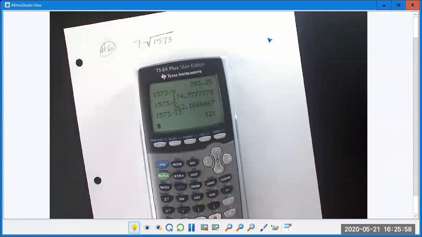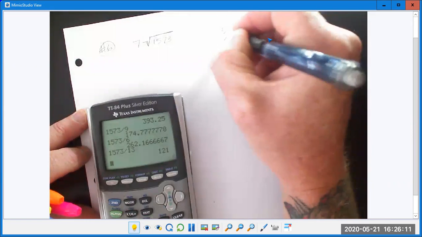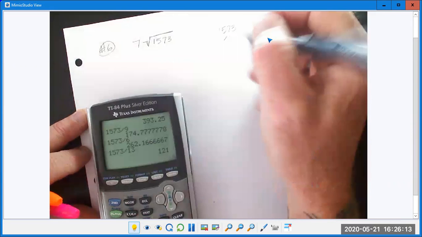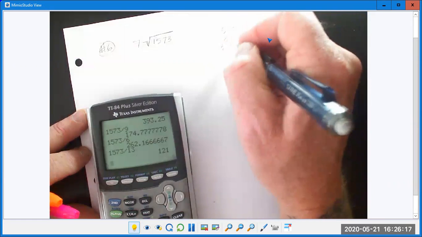All right, so 1573, I guessed on 13. Again, this was guess and check, and it turns out to be 121. So when I'm breaking down 1573 and doing my factor tree, I would have 13 and 121.